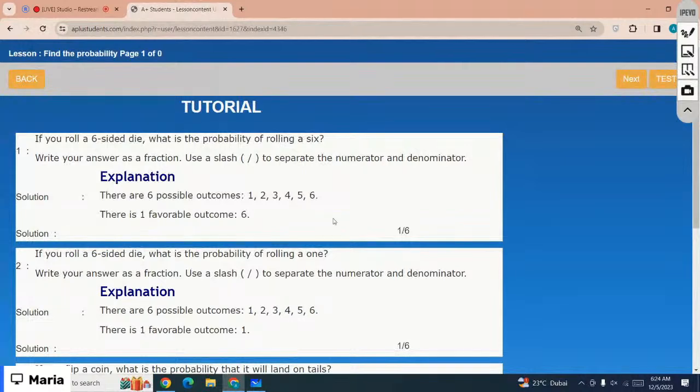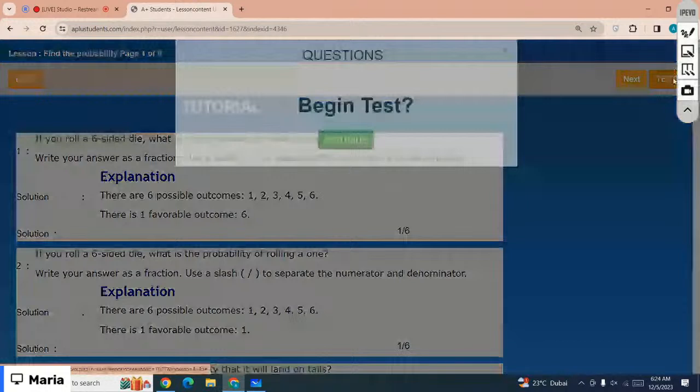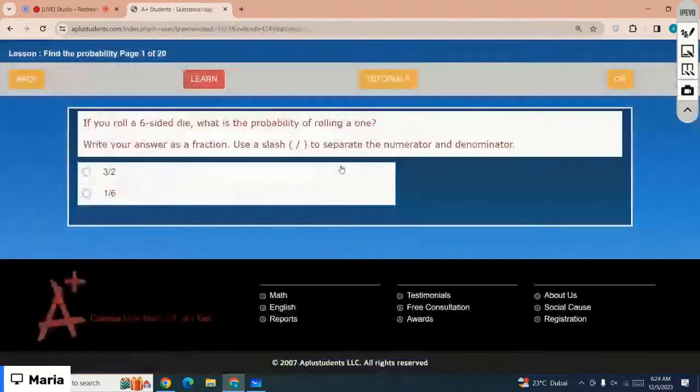Okay, let's just start with the test questions. If you roll a six-sided die, what is the probability of rolling a 1? Which is the correct option? When you roll a die, the total outcomes are 6, right?